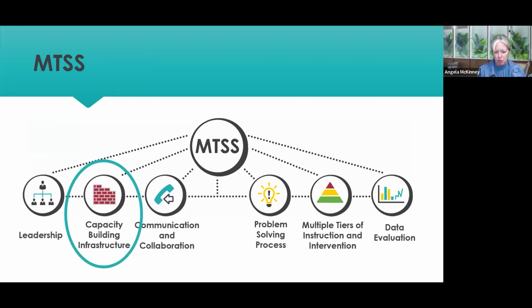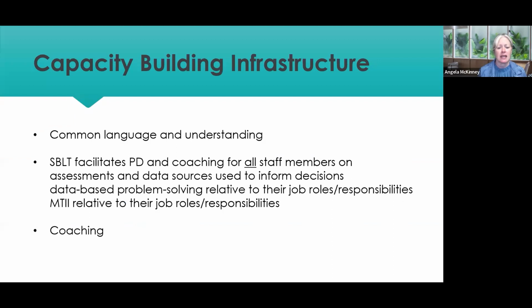Capacity building is really important too, because if we exceed our capacity, we just burn out, right? We've got to make sure that we've got some things in place within the building to say, okay, we can handle these things. So it starts with building a common language and understanding of MTSS.